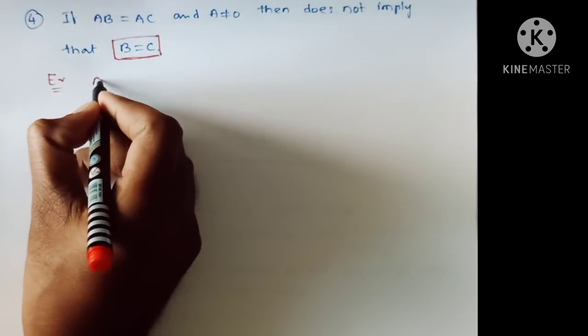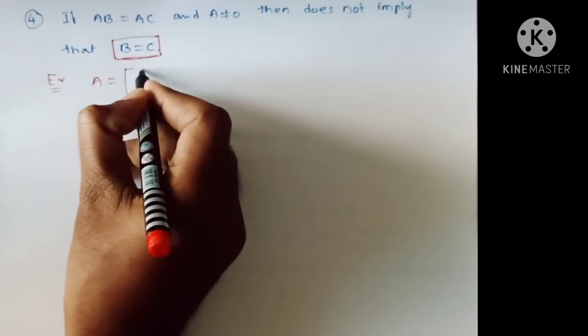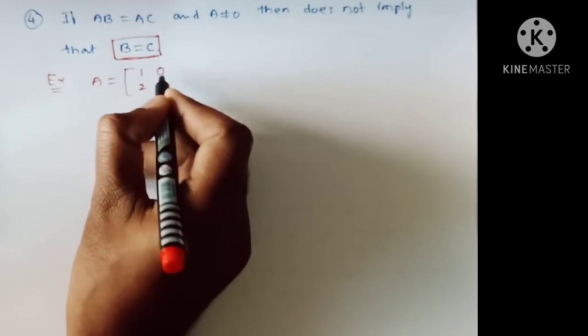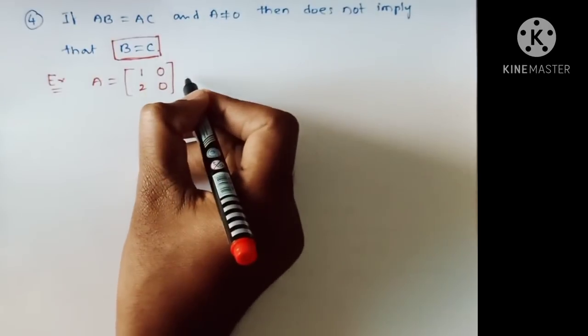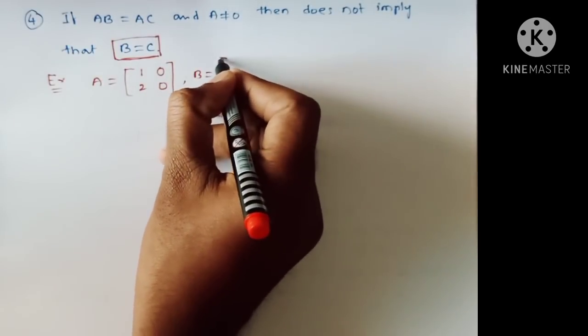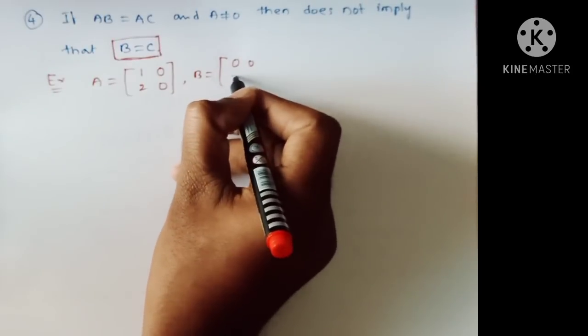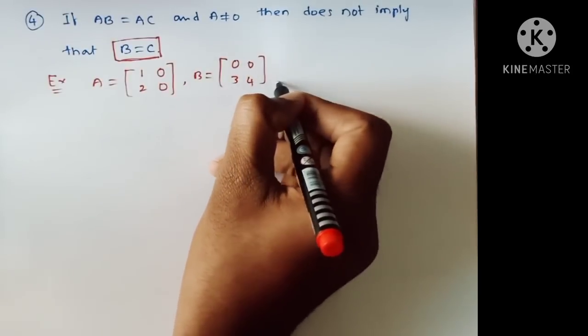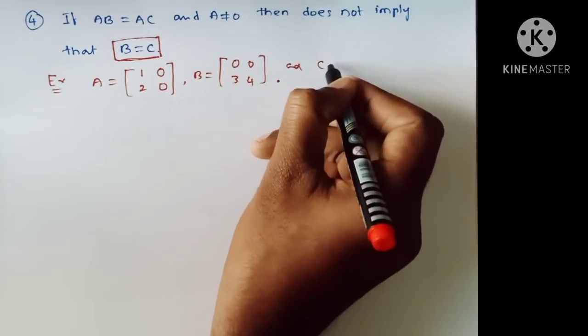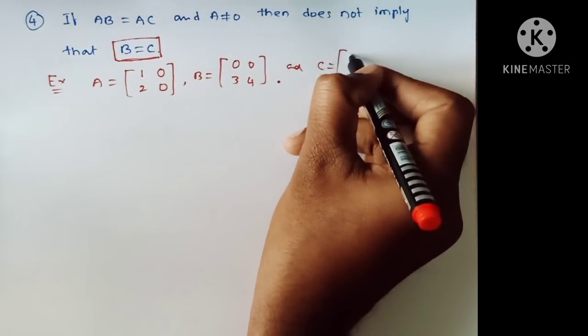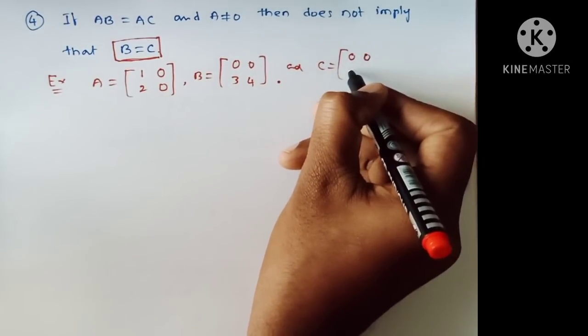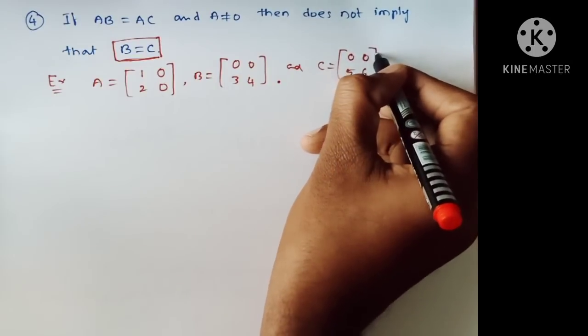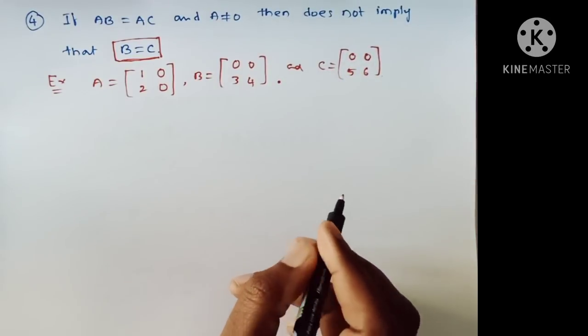For example, let's check with A is 1 2 0 0, B is 0 0 3 4, and C is 0 0 5 6.